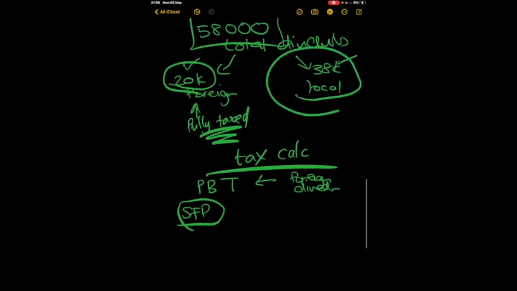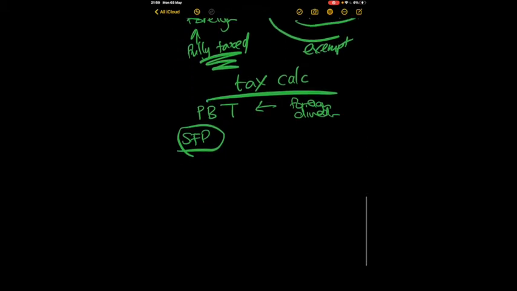However, if we think about the local dividends, these local dividends are exempt. They are exempt from tax. And so the question becomes, what is the impact of those local dividends? If I think about my tax calculation, in my starting point as well, I'm going to have my local dividends.